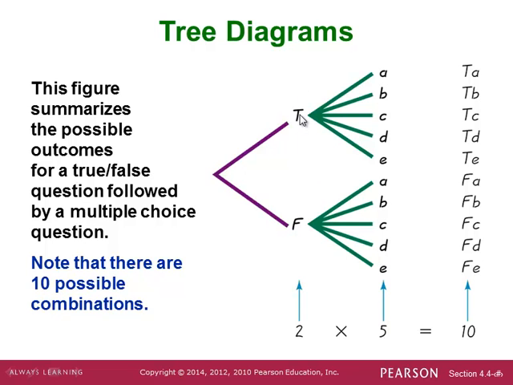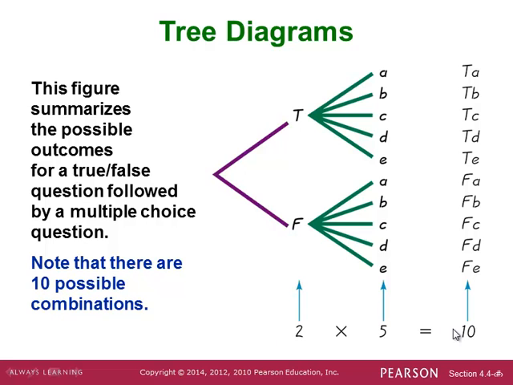You could have responses total for the exam or quiz of true followed by A, or true B, true C, true D, true E, or false A, false B, false C, false D, false E. There, we've enumerated them, we've listed them completely.